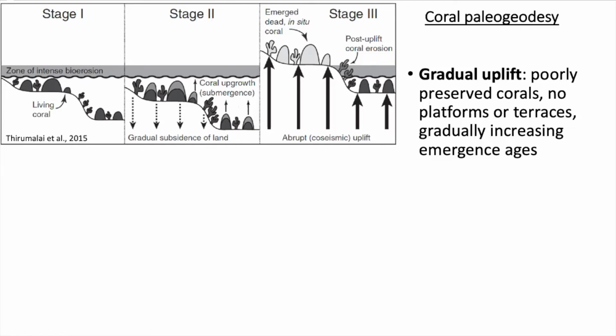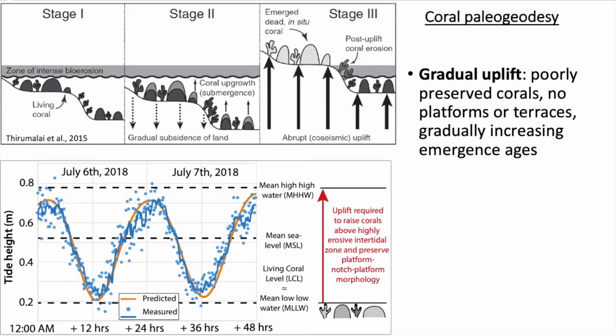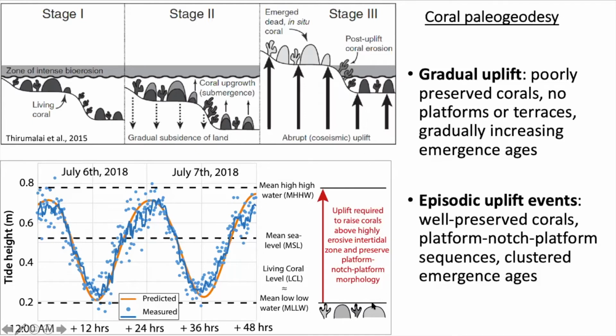Whereas if the coastline uplifts rapidly, we would expect the corals to preserve their morphology, including the platform morphology on which they grew. We would also expect a notch to form below the platform where the intertidal sea level erodes the flank of this part of the reef, and we expect clustered emergence ages.